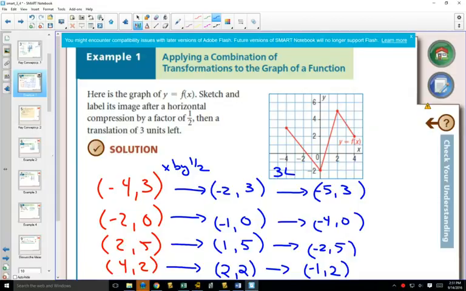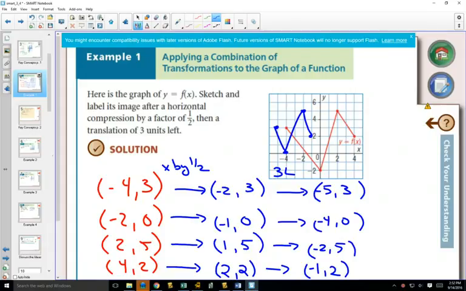Now we're going to plot these points. We've got -5, 3, -4, 0, -2, 5, and -1, 2. And if we draw the lines in between them, this is the shape that we get.